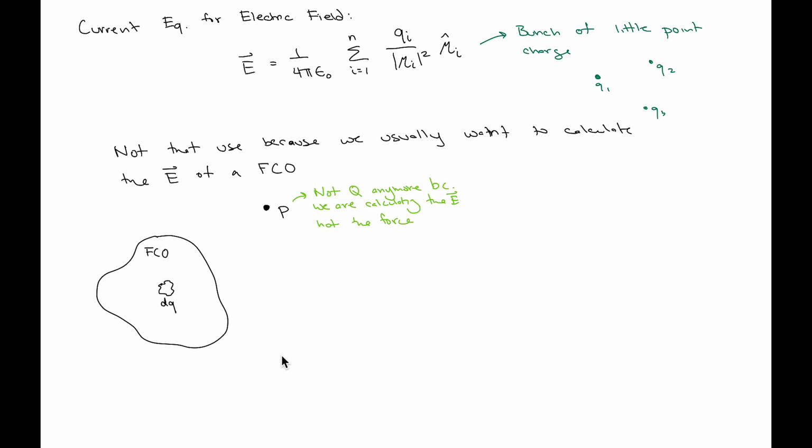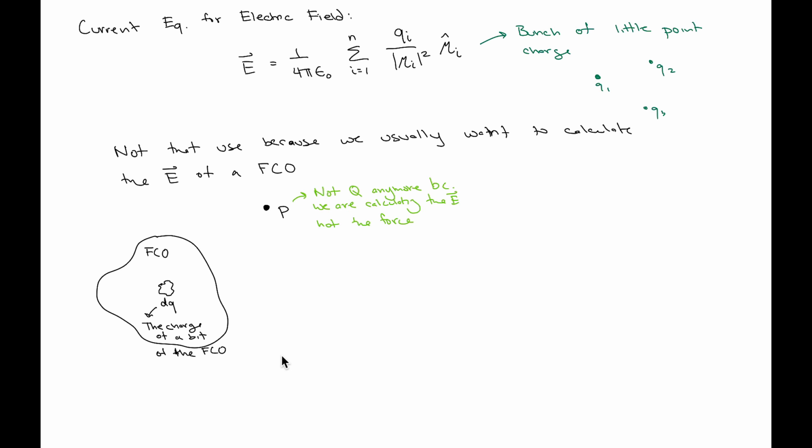So this is the charge of a bit of the funky charged object. I can break it up into a bunch of these, and then I can superpose what the electric field is due to a bunch of these little bits of my funky charged object.